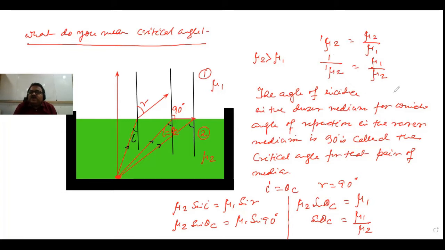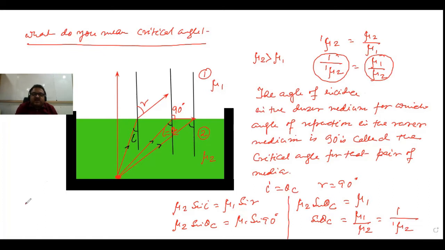Is it clear? Now, if I replace this value of mu1 by mu2 in this equation, it will come like this: 1 by 1 mu2. So this is the relation between critical angle and refractive index.